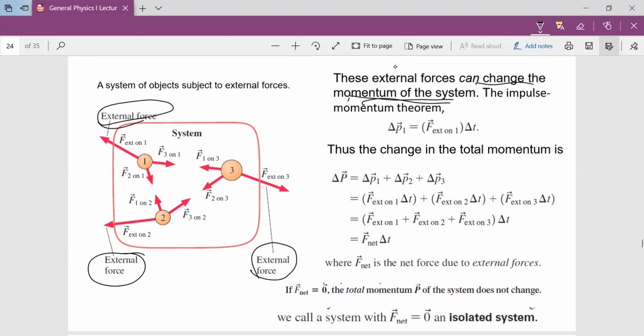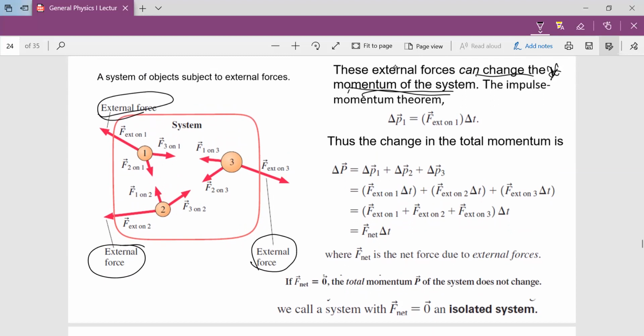When there are external forces, we have emphasized that it will change the momentum of that system. So we cannot state theoretically that the momentum is conserved, but the momentum is going to obey this principle. Okay, you know this came from your J average and all that.